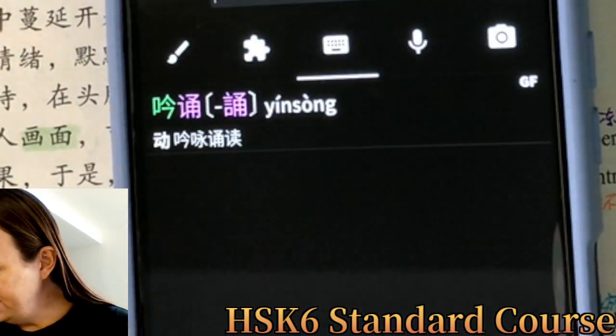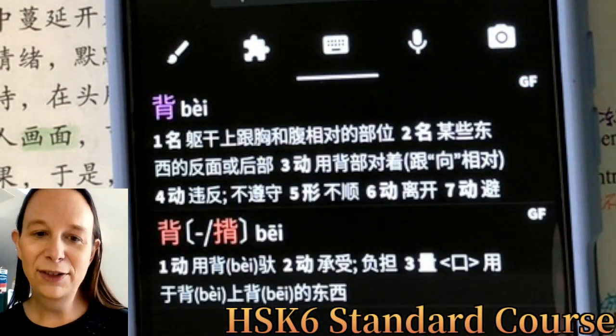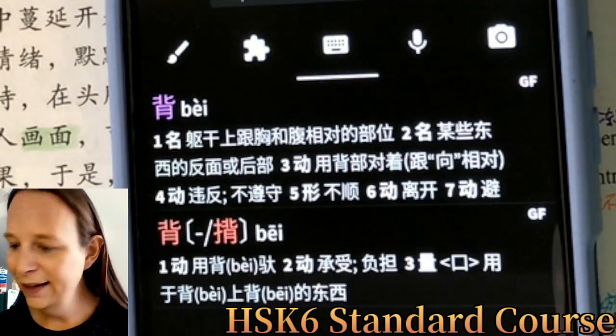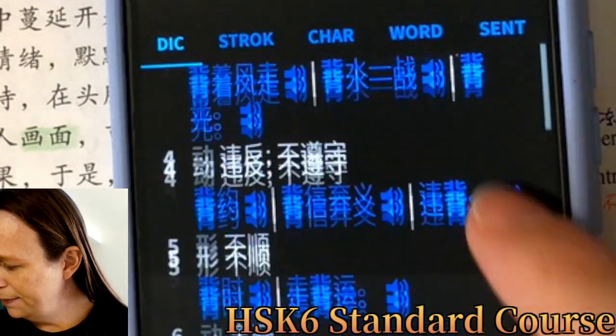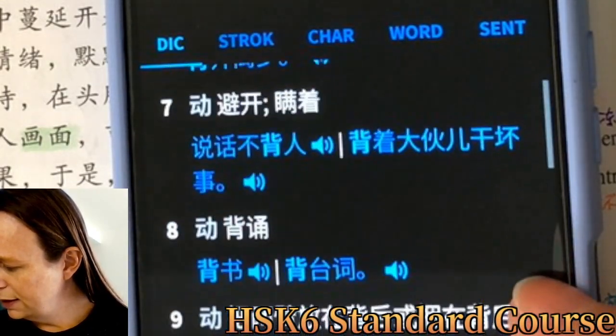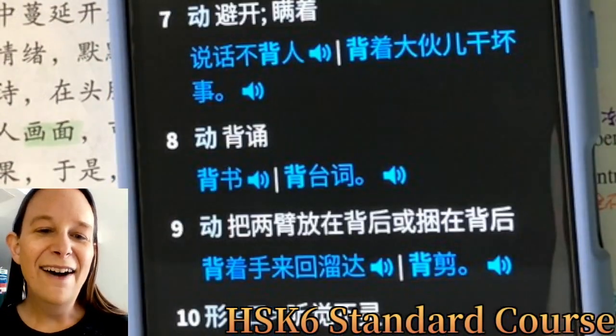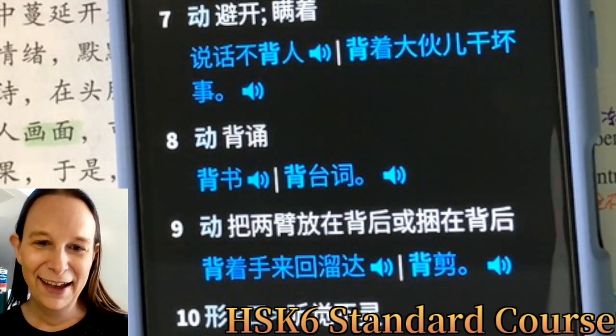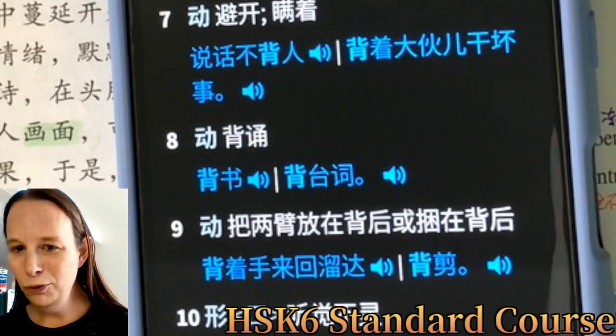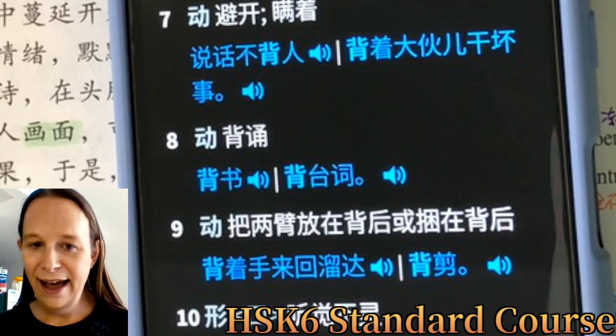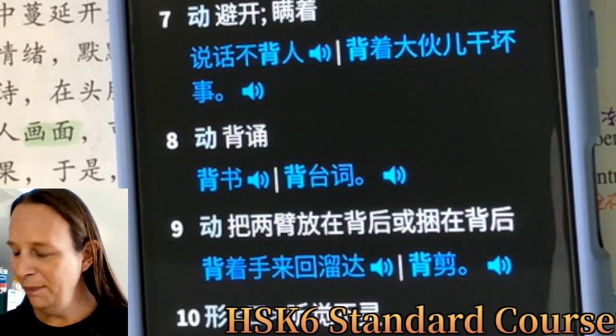Recite Tang Dynasty poem. So presumably that's the song. What does the bei mean? I think the bei in beisong means off the top of your head. Here. Oh, all right. 背书, 背台词. No, this bei.